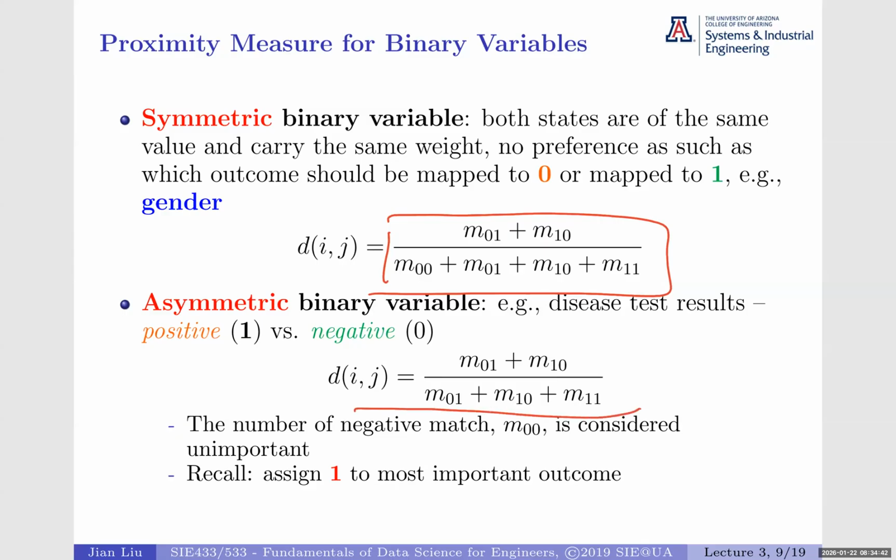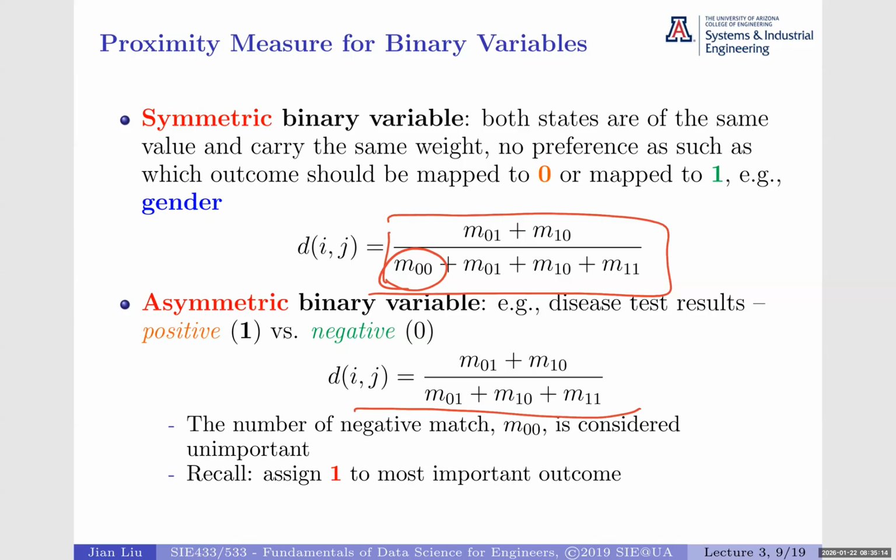What's the difference between these two, for symmetric and asymmetric? Numerators are the same, right? Because we care about the difference. But the denominator differs: what is missing is M00. The 2 data objects are the same for negative results. Why don't we care about it?